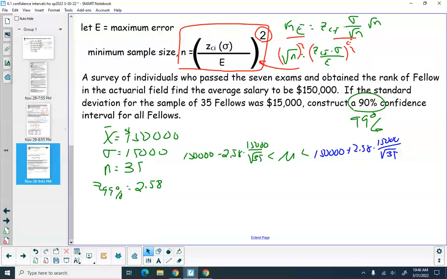Once again, it's repetitive as we go along. Part A in all your homework problems, I ask you, what is the best point estimate? Yesterday, what did we talk about? What's our best point estimate?